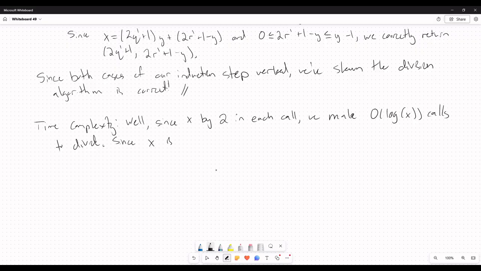Since x is an n-bit integer, this is O(n) calls. Because log of x, when x is an n-bit integer, is going to be n.